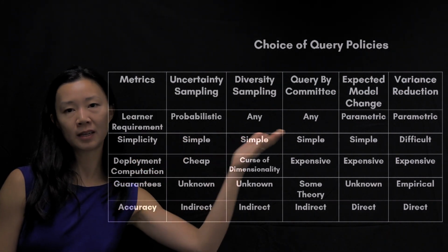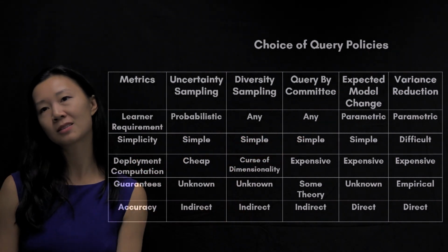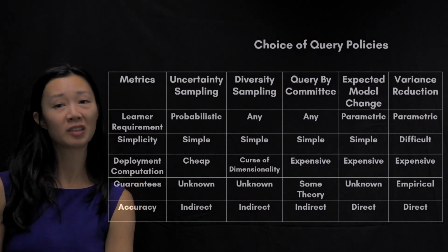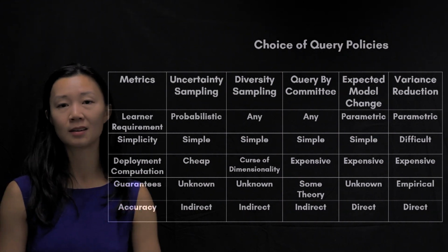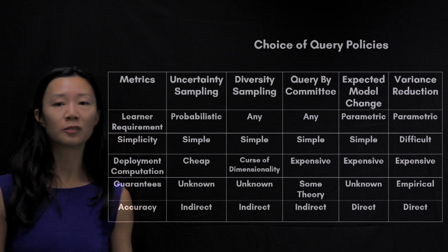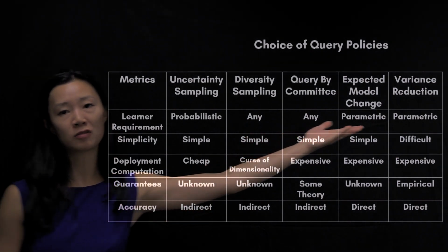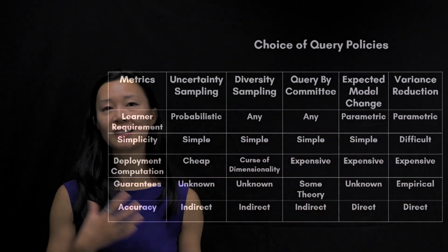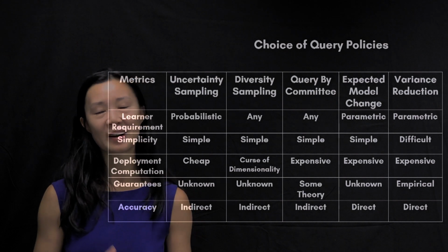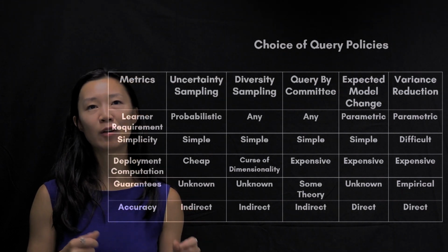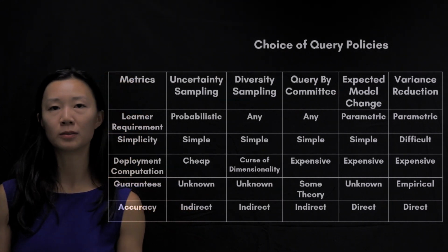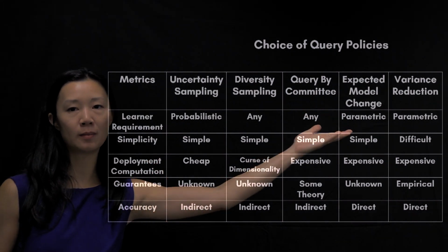For diversity sampling and query by committee, these policies are very friendly and don't place any requirements on the learner. For expected model change and variance reduction, you need to take a gradient with respect to model parameters that you are able to change, so the model must be parametric.